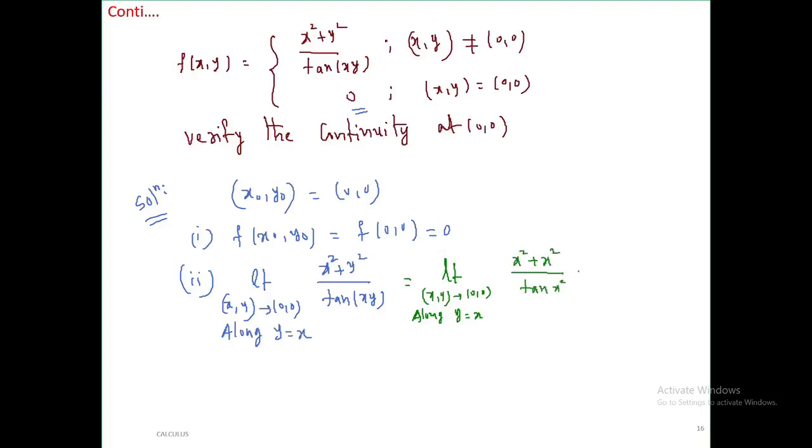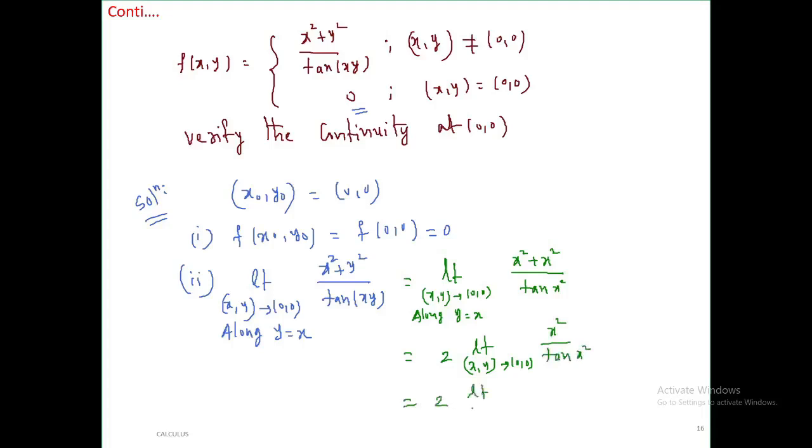Now this becomes 2x square, so 2 comes out. So the limit as (x, y) reaches the origin of x square by tan x square. And again, 2 comes out.